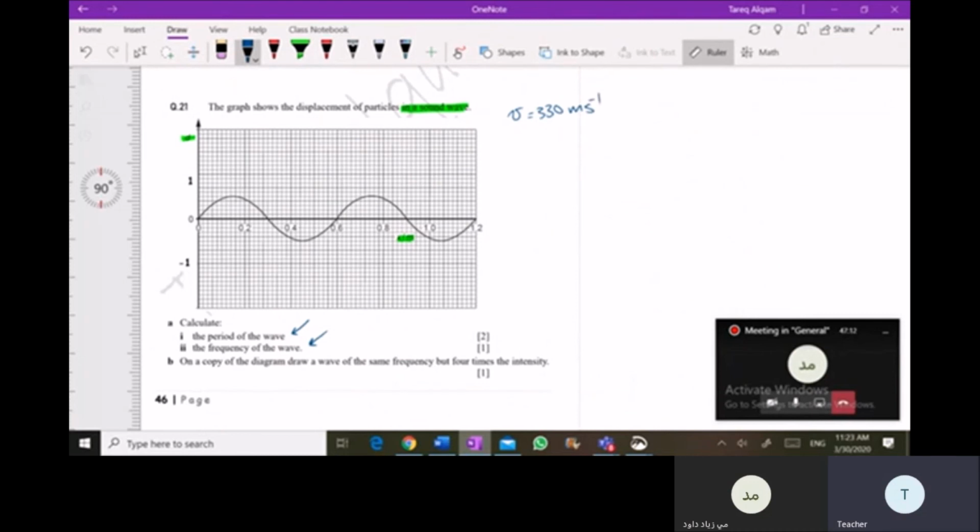To find the period, we have to find the wavelength first. The wavelength from the graph is one cycle, or I may consider crest to crest or trough to trough. This is one cycle, or one wave. Okay, with me? So the wavelength is how much? 0.6. The frequency equals velocity over wavelength.